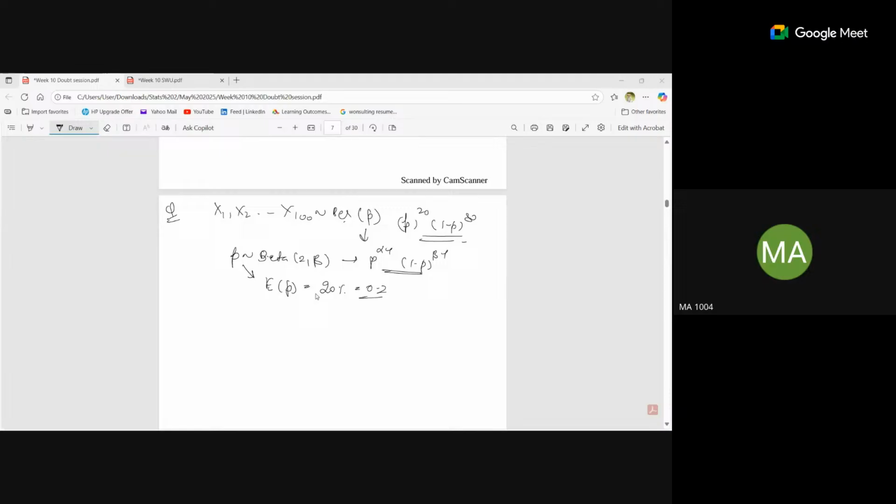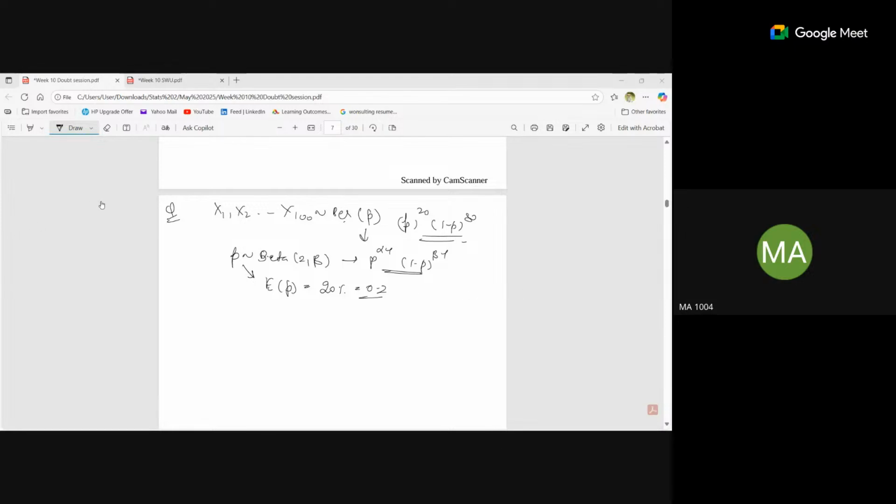Question number 2, right? Consider this: find the maximum likelihood estimate of n. And from activity 7, question 3: find the maximum likelihood estimator of A for the sampling.